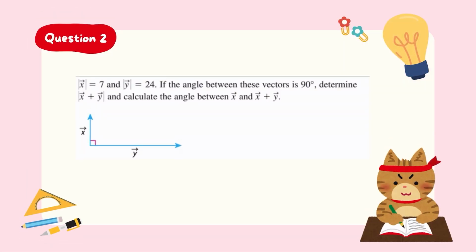So another workout. The magnitude of x equals 7 and the magnitude of y equals 24. If the angle between these vectors is 90 degrees, which means they're perpendicular, determine the magnitude of x plus y, and calculate the angle between x and x plus y. So if we want to know the angle between x and x plus y, we need to know what x plus y is.